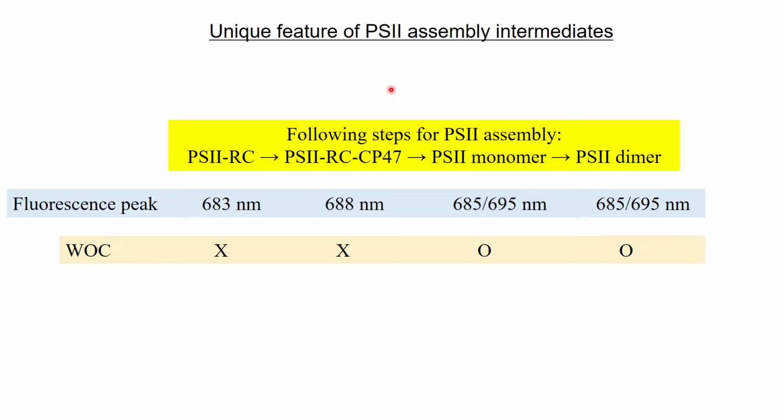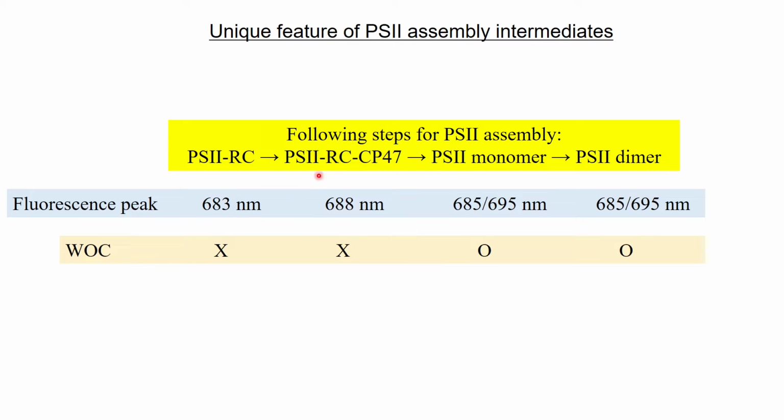This slide shows the unique features of PS2 assembly intermediates, following the steps of PS2 assembly. The first is a PS2 RC complex consisting of D1, D2, cytochrome b559, and PsbI, the smallest complex in PS2.